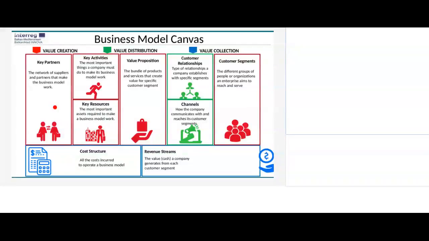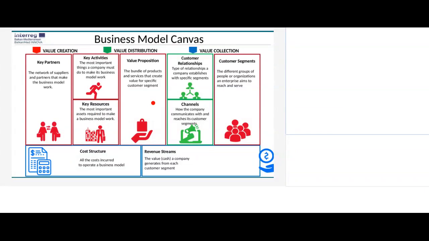So these are the elements of the value creation. By changing any aspect of these elements, we change how we create value for the customers. And because it's value creation towards the customers, we always start with the customer segments in mind when addressing the business model canvas.